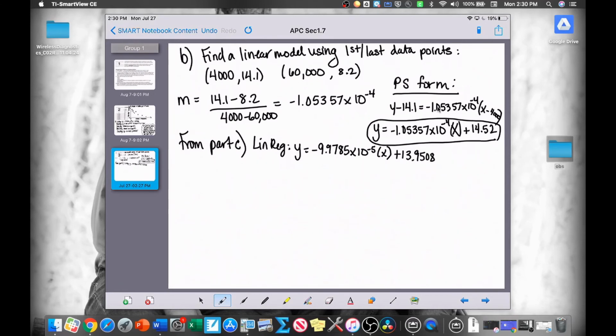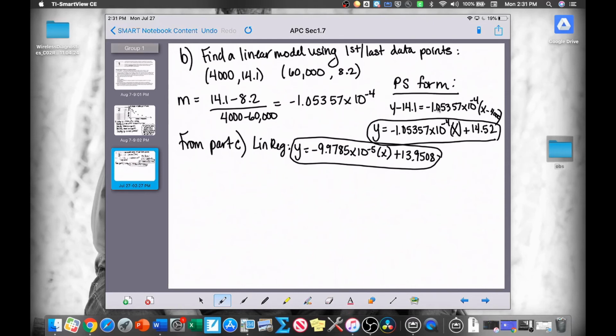Okay, so they wanted us to compare these two equations, and they're really close. 14.52, 13.95, almost 14 is a really close y-intercept, and those slopes are both very tiny negative numbers. So they are really quite close, all right?